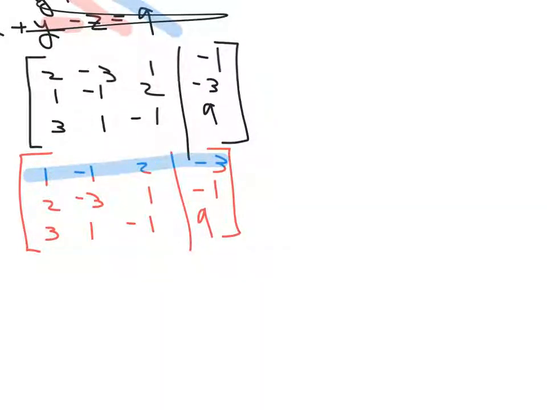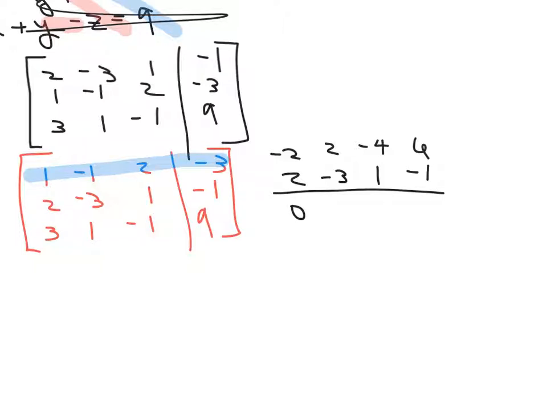So let's multiply this top row, and again it's locked, so it's not going to change, but let's multiply the entire row by a negative 2. So we get negative 2, positive 2, negative 4, positive 6. Okay, and we're going to leave the second row alone. We're going to add those.